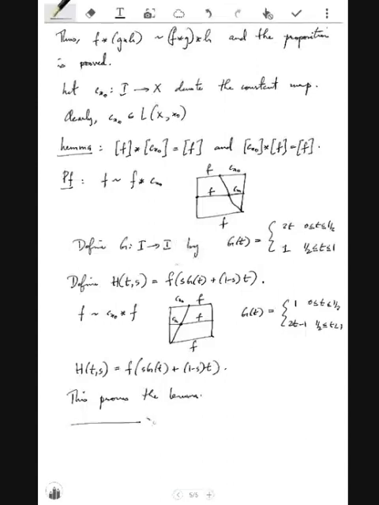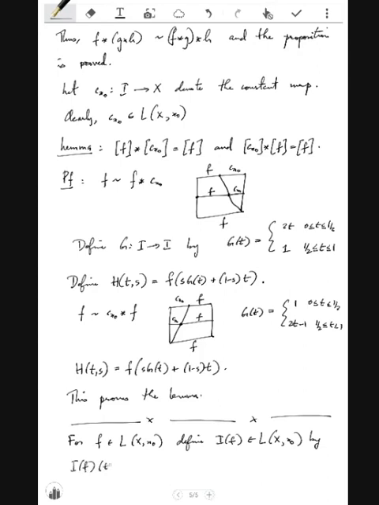And finally, we want to define the inverse. So for f in L x naught, define I of f in L x naught by f of 1 minus t.